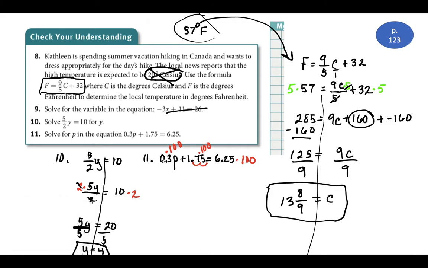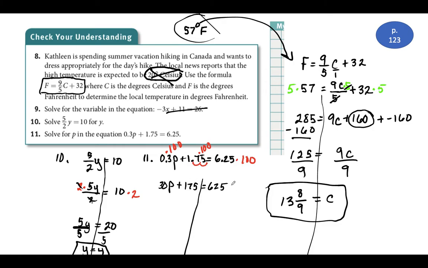All right, so 0.3p times 100. 100 is going to scoot the decimal 2 places, which is going to give me 30p. Here it scoots the decimal 2 places, so that's 175. And here it scoots the decimal 2 places, so that's 625. And now I have a perfectly fine equation that has no decimals in it.